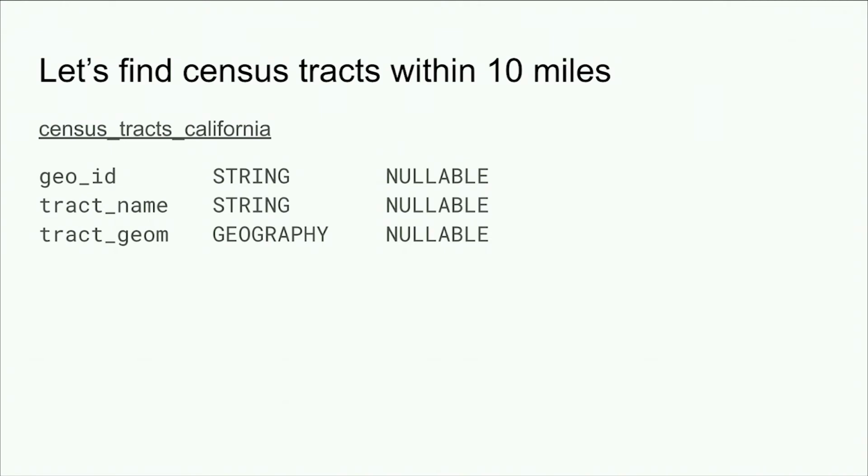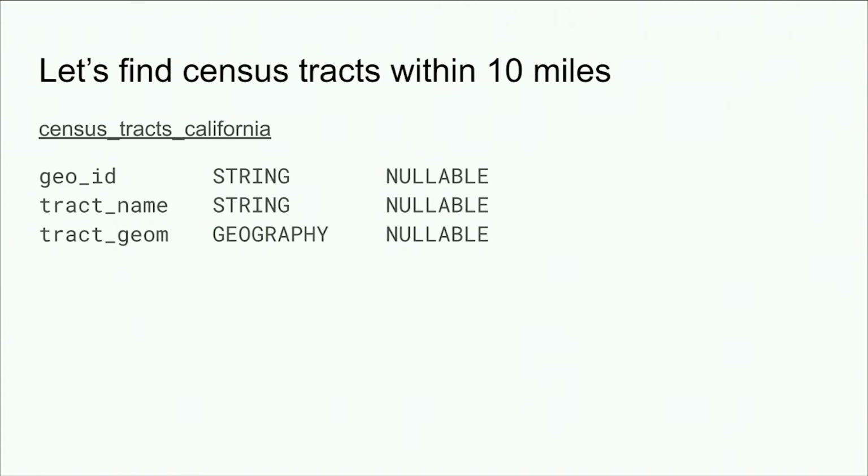And geometry is a polygon that describes a particular area, a statistical area that has aggregated statistical data about population. That's actually a subset of data from a public table in BigQuery.